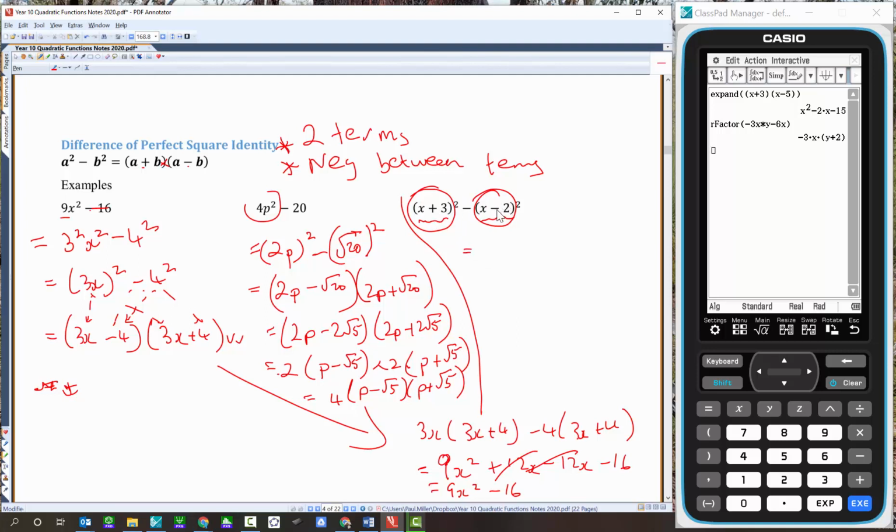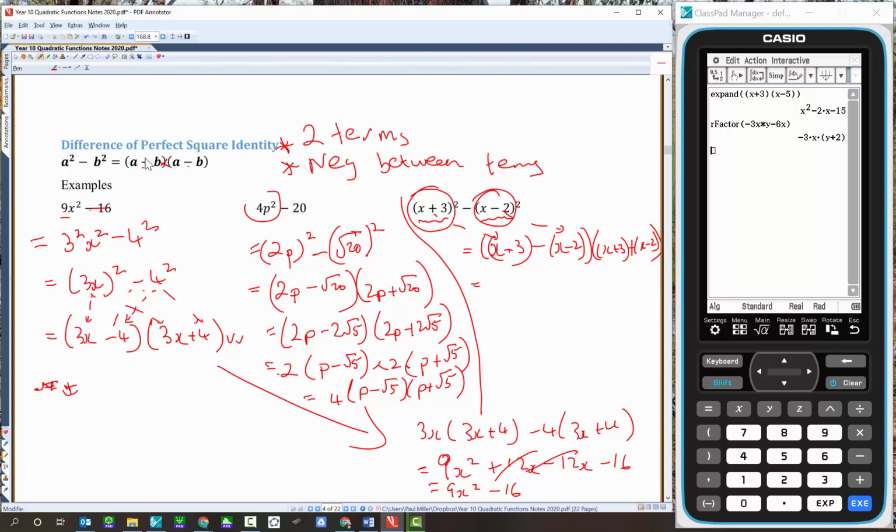That's a perfect square, and that's a perfect square, and that's the difference. So I'm going to write this: x plus 3 in brackets, take x take 2, so that goes there with a negative sign. Then x plus 3 plus x take 2. Close my brackets.